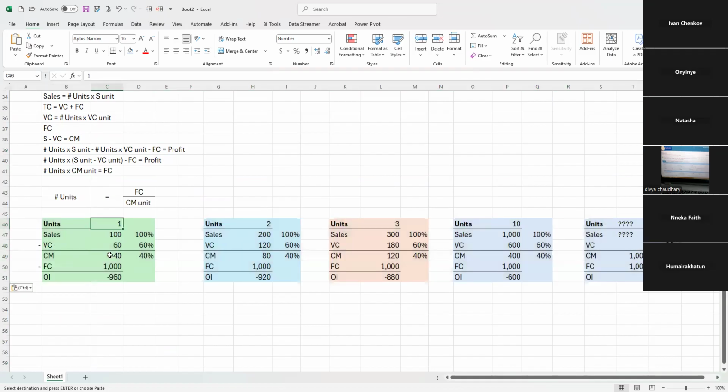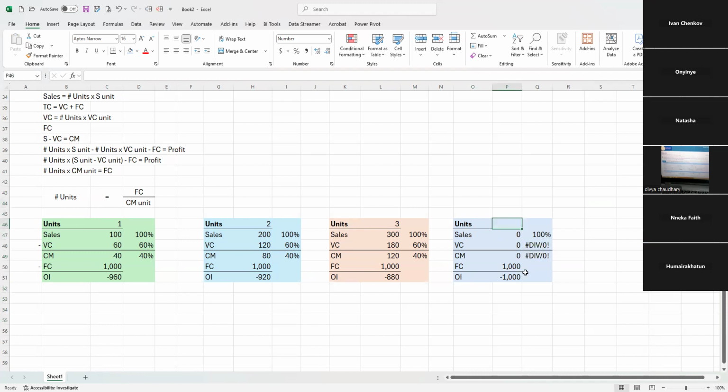So we know if we're selling 1 unit, that's what happens. If I sell 2 units, that's what happens. 3 units, that's what happens. Now the question is, how many units do I need to sell in order to get my operating income to 0?